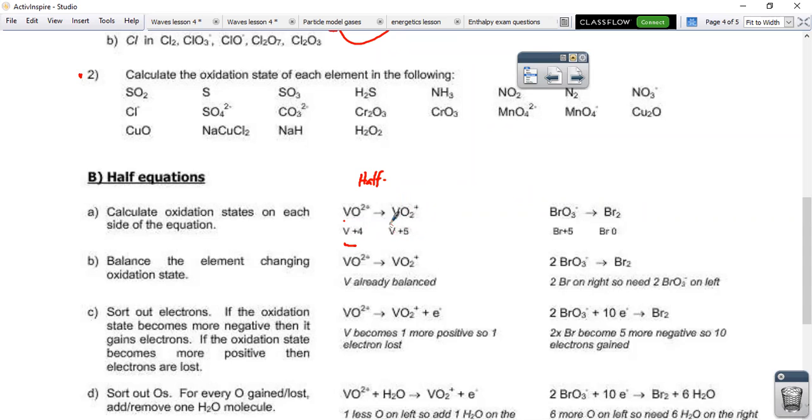So I can write it and say this VO2+ has lost one electron to form VO2+, just looking at the oxidation state of the vanadium.